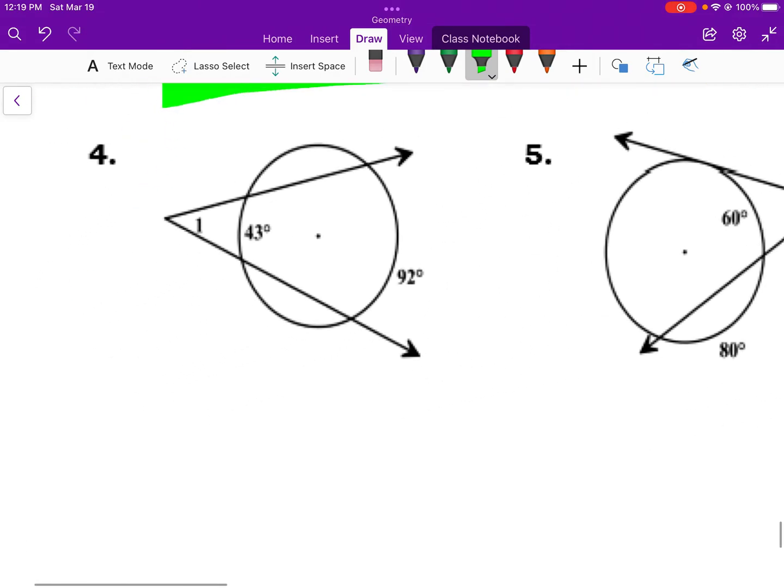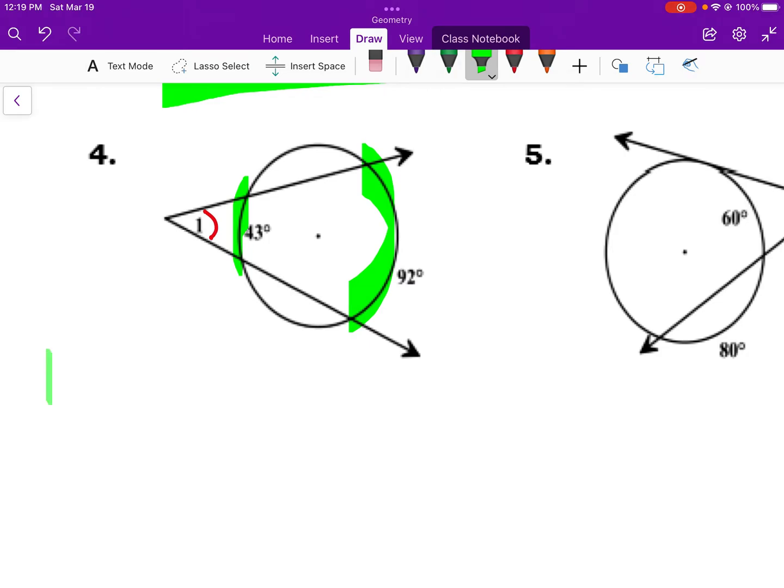So if I'm looking at number 4 here, again, I want to find the measure of angle 1, which is right here. Okay, the 2 arcs that are created: the arc across from it is this 92 degree arc, and then the other little piece between the wedge is 43.